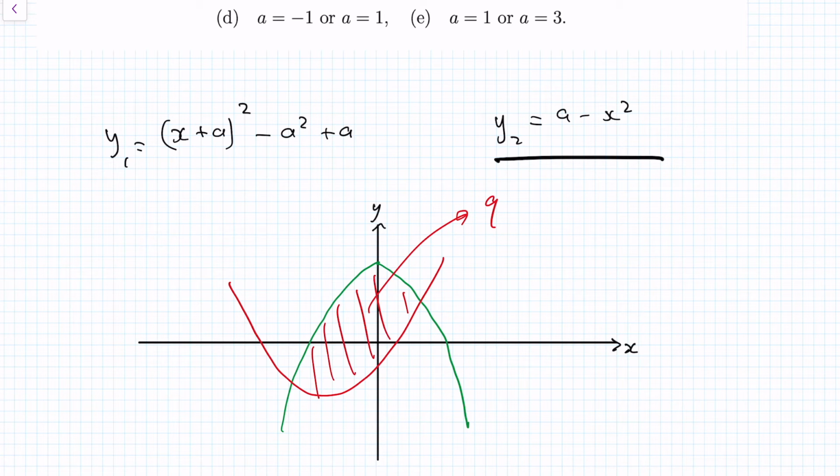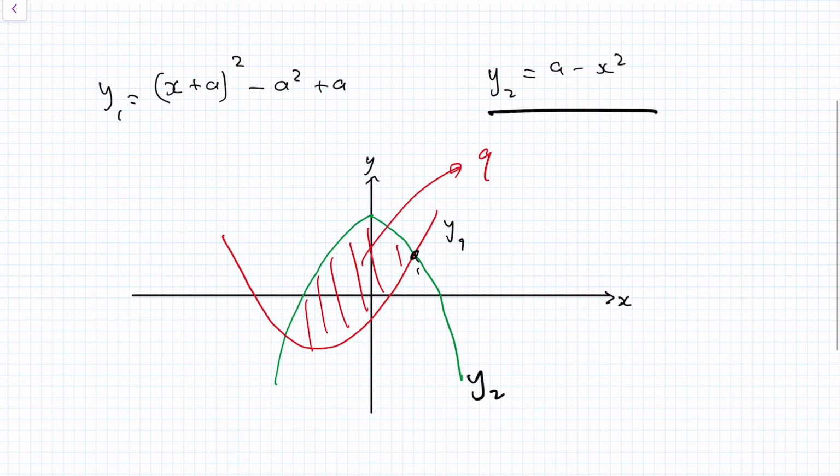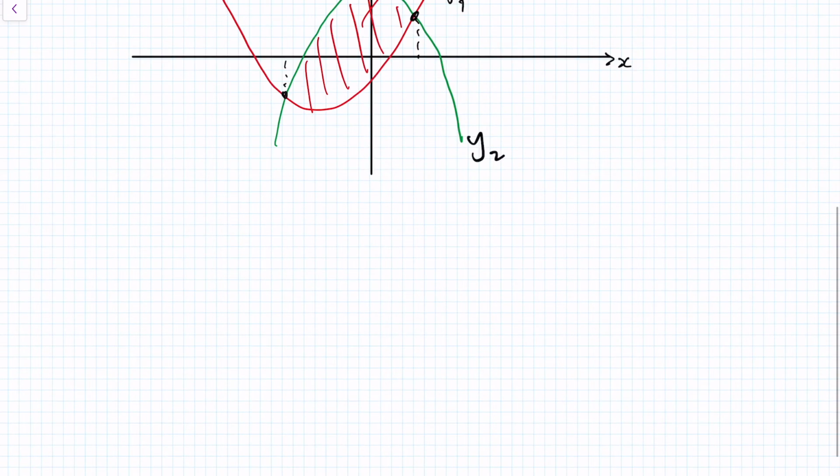So how are we going to do this? Well, this is just an integration question, so this is y2 and this function is y1. We need to find the point of intersection. At those points, y1 is equal to y2, so we have x squared plus 2ax plus a is equal to a minus x squared.